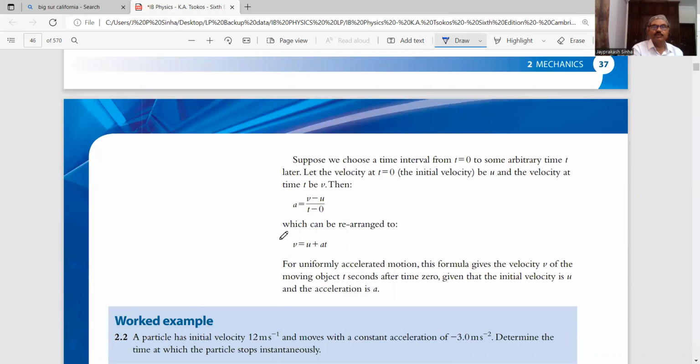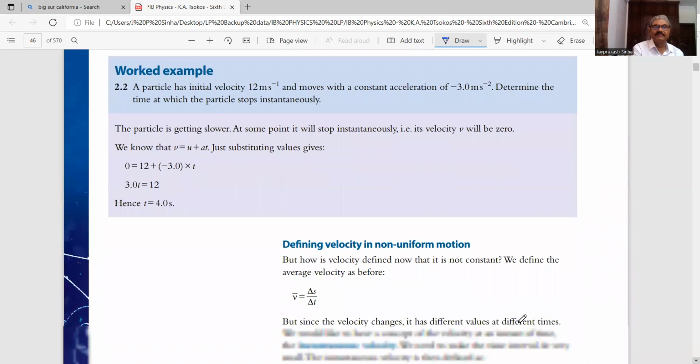See here, v is equal to u plus at. So this is your first equation of motion. We have already derived it.